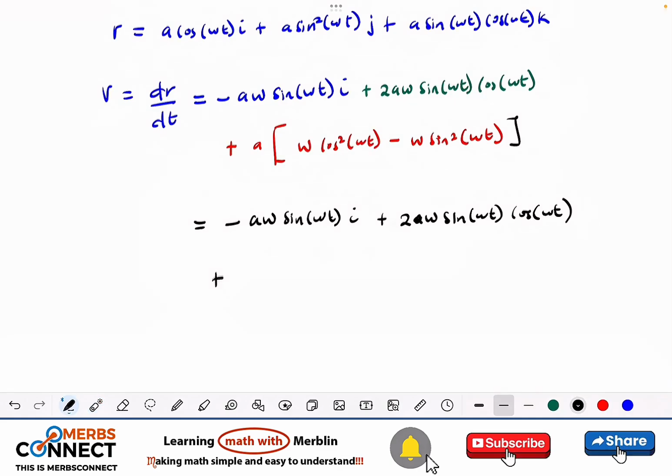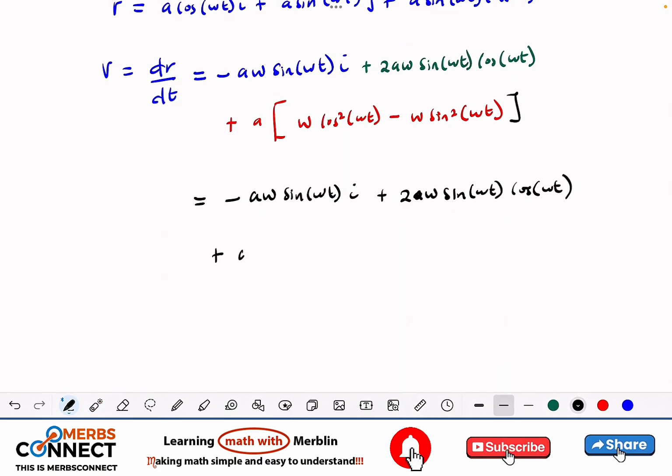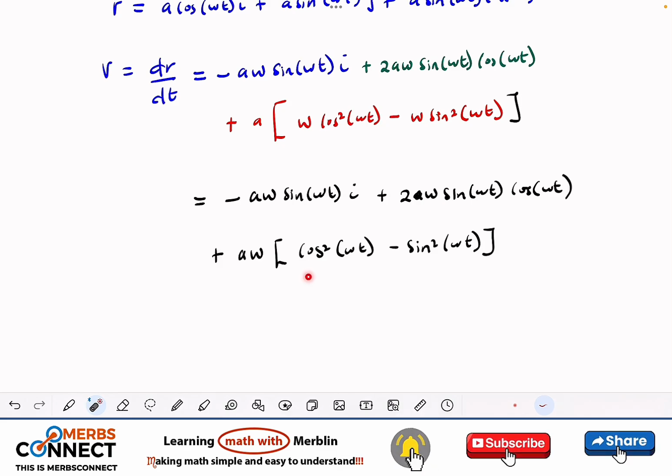So I'm going to have a omega out, cos squared omega t minus sine squared omega t. Don't be in haste to say that this is 1. This is not 1. When it is plus, that's when we say it is 1. So this is not 1. This is what I'm going to get.